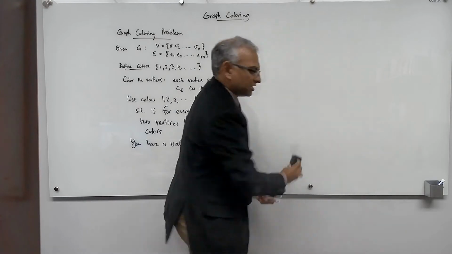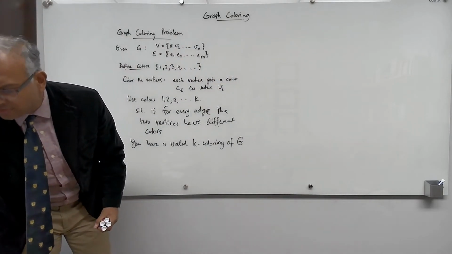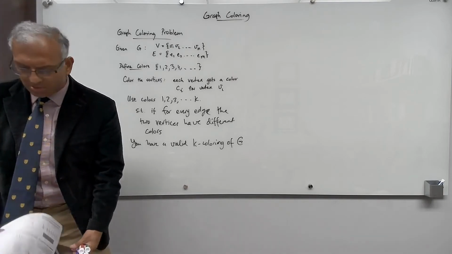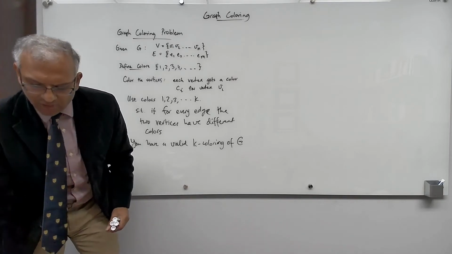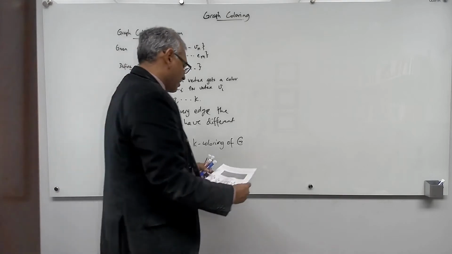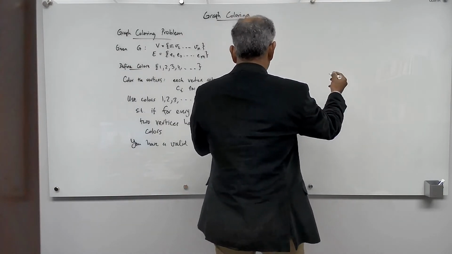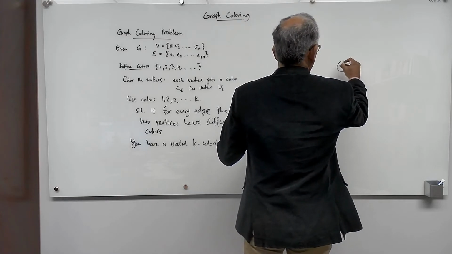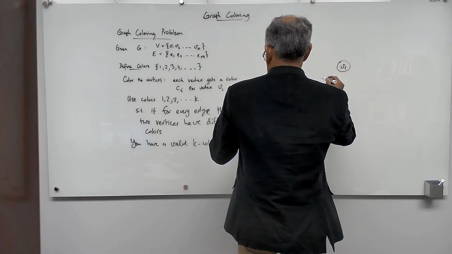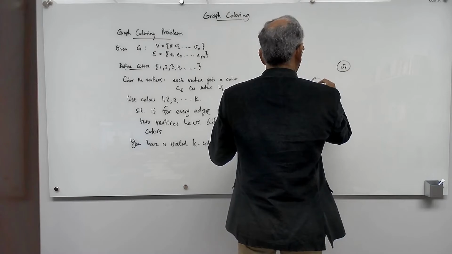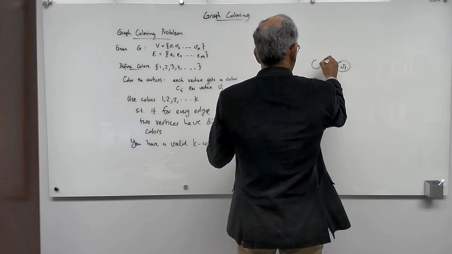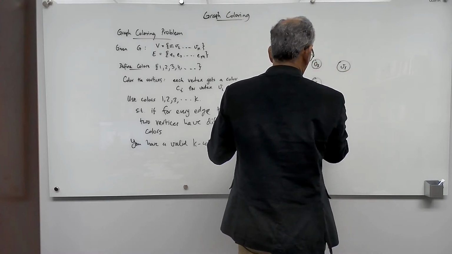Okay, so let's consider a graph. Okay, so I'm going to show you a graph. So let's pull up a graph. Okay, and I'm going to label the vertices. So here's V1. Here is V2. Here is V3. Here is V4.